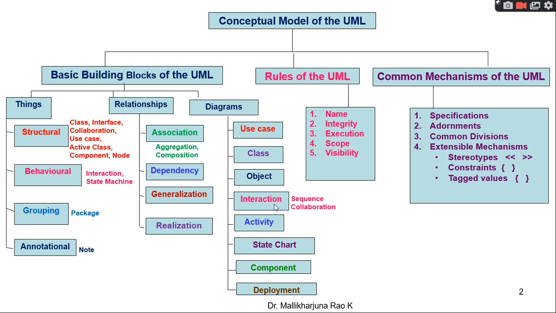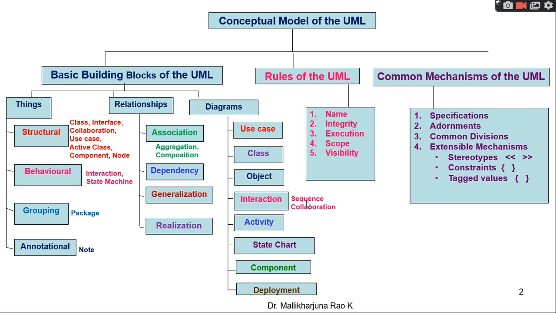Next one is interaction diagrams. Here we will identify various objects and how these objects are interacting with each other. To design that, we have two types of interaction diagrams: one is the sequence diagram and the other is the collaboration diagram.